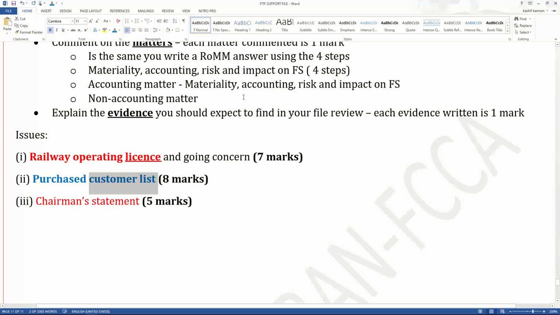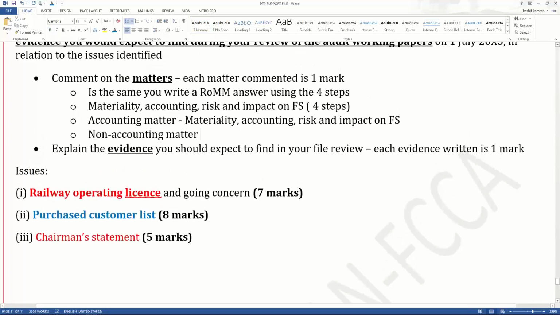No. So that means if comment on the matter is the same as a ROM answer, that's perfectly fine. But if in comment on the matter you get a non-accounting matter, then the comment on the matters will be case specific. That means you need to read the case of the chairman statement, and from the chairman statement you need to find what matters you will comment on.